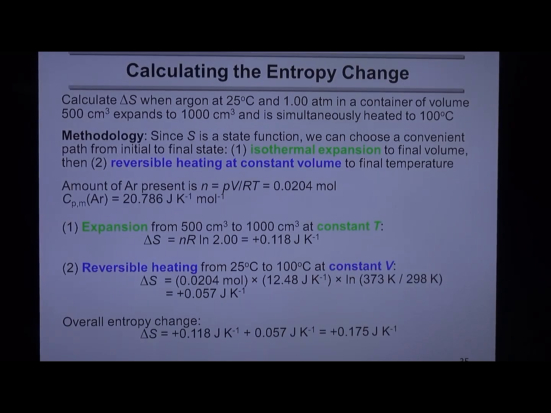First, we calculate the entropy change during expansion from 500 to 1000 cubic centimeters. Easy, right? Then we calculate the entropy change at constant volume from 25 to 100 degrees C. That's also easy. We just combine these two. That's the entropy change for this problem.